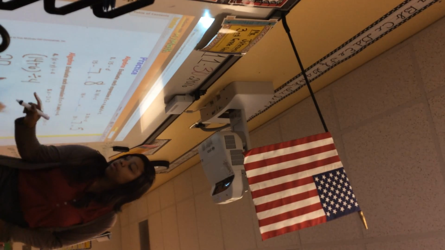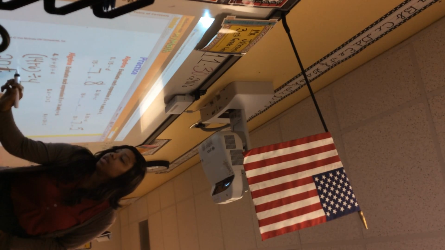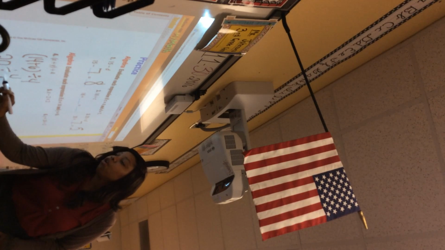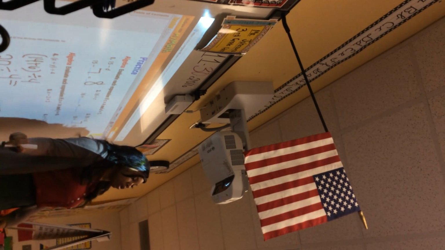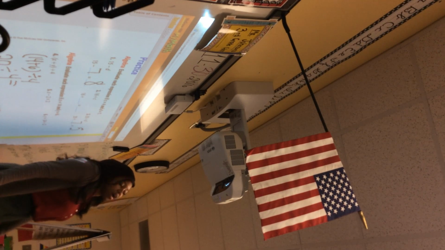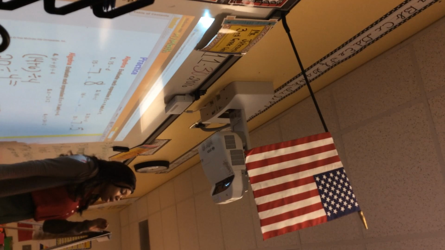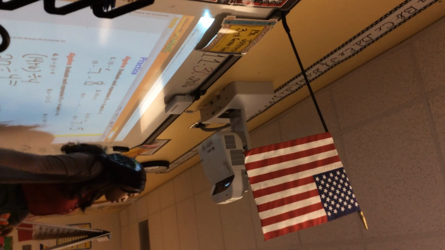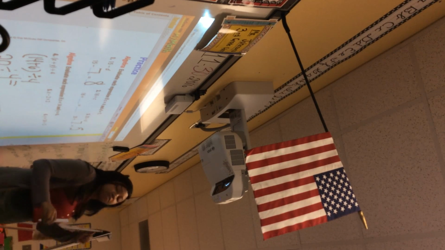Now we bring our 4 down into our new equation, and it is 20 divided by 4. What number multiplied by 4 will give you 20? 5. 5 times 4 equals 20. So that means 20 divided by 4 equals 5.